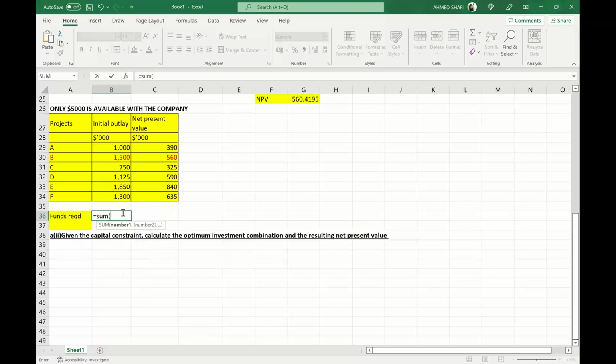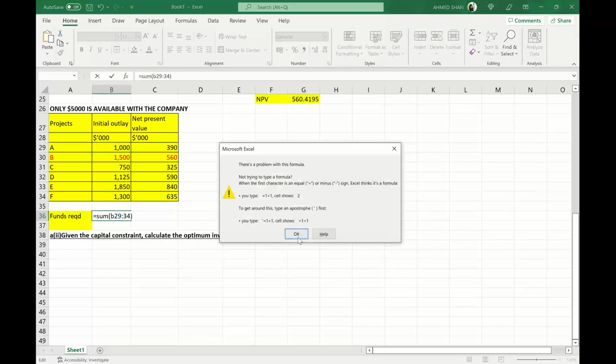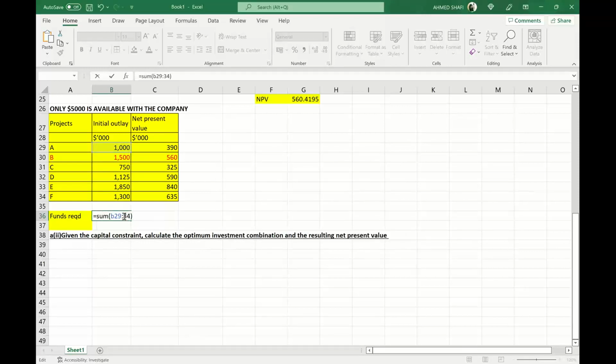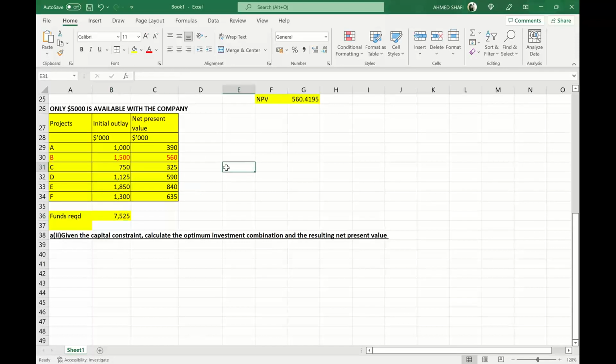So if we add them all, the outlay required is the sum of B29 to B34. You require 7525. That's a problem.